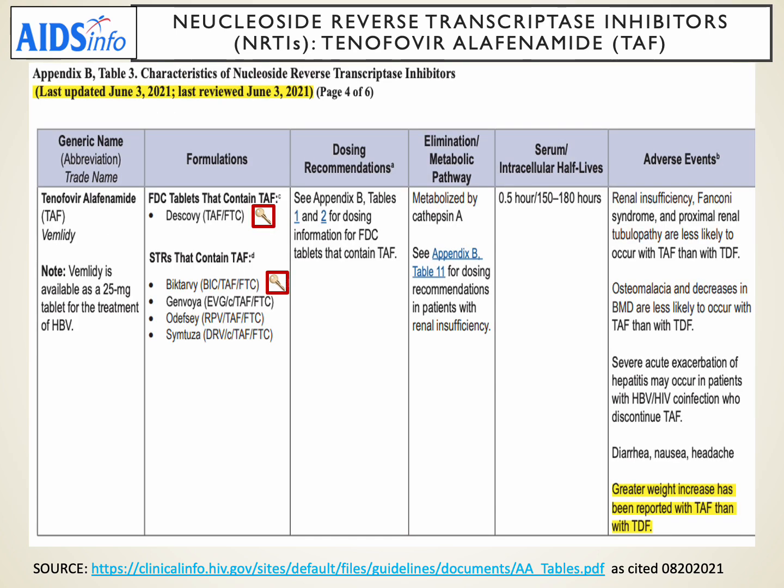And then among the more common of the reverse transcriptase inhibitors is one of the two variants of tenofovir. There are two formulations of tenofovir. This one, TAF, is included in a couple of the more common regimens or agents that you'll see on the market, and it's pretty well tolerated in most patients.